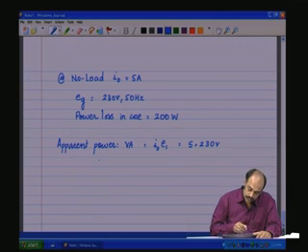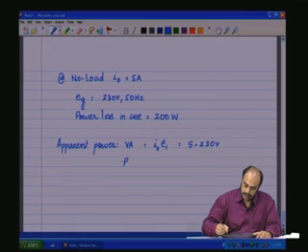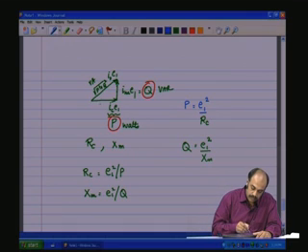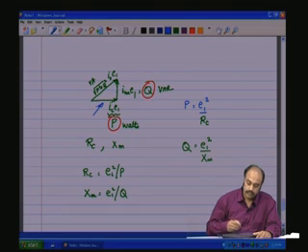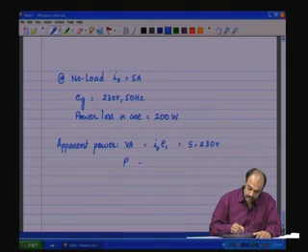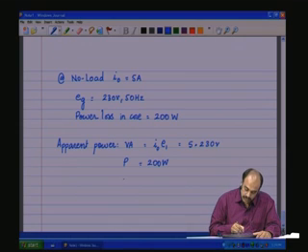Now, we know that the P, the active power here, is 200 watts given. Then what is Q?